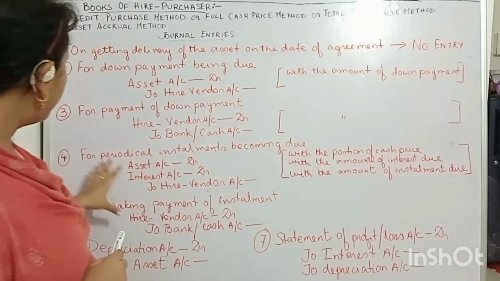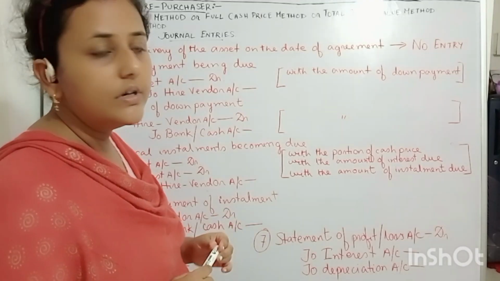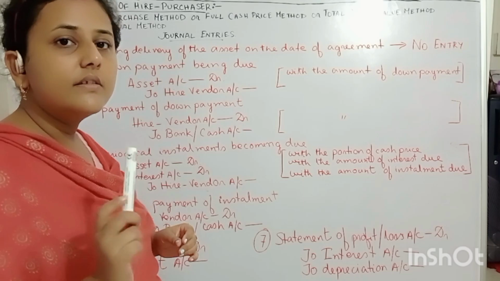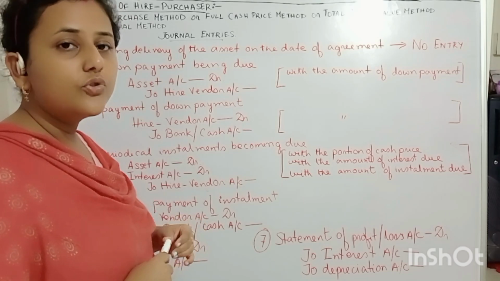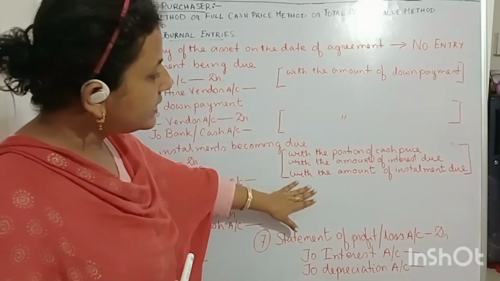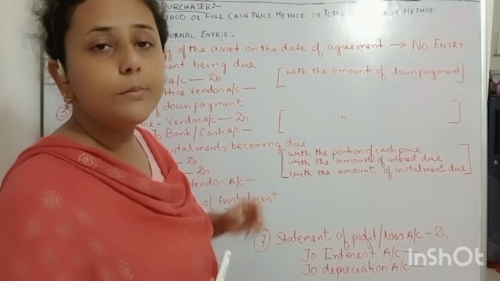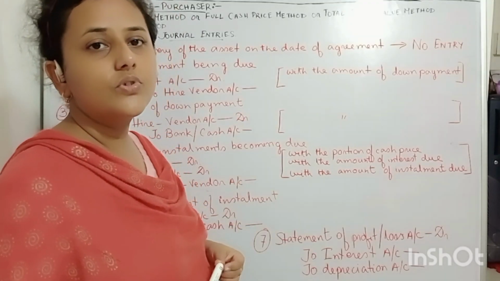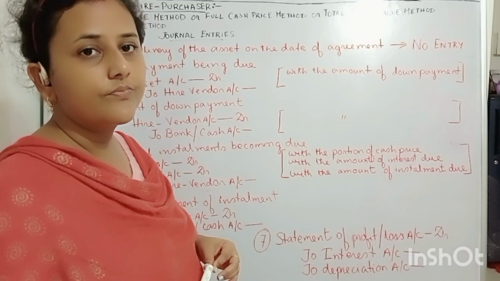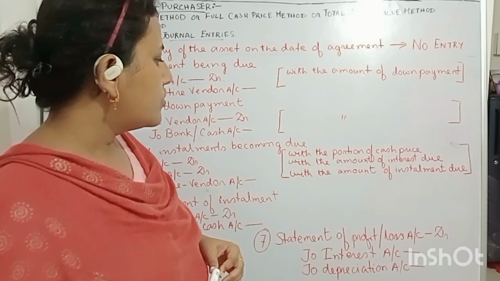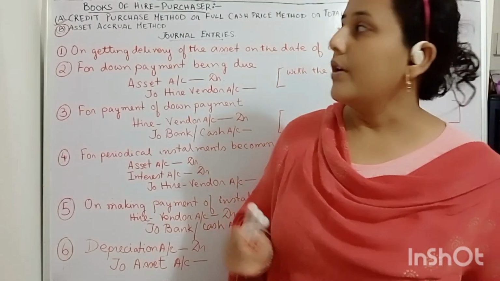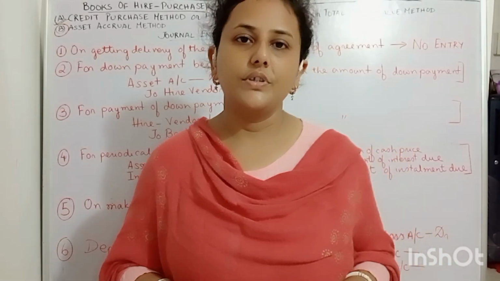So these 4 entries will be passed year after year, and these 3 entries will be passed only once, on signing the agreement. Clear to all of you? Remember also the amounts with which the respective accounts are debited or credited. So this is all about asset accrual method to record journal entries in the books of hire purchaser.